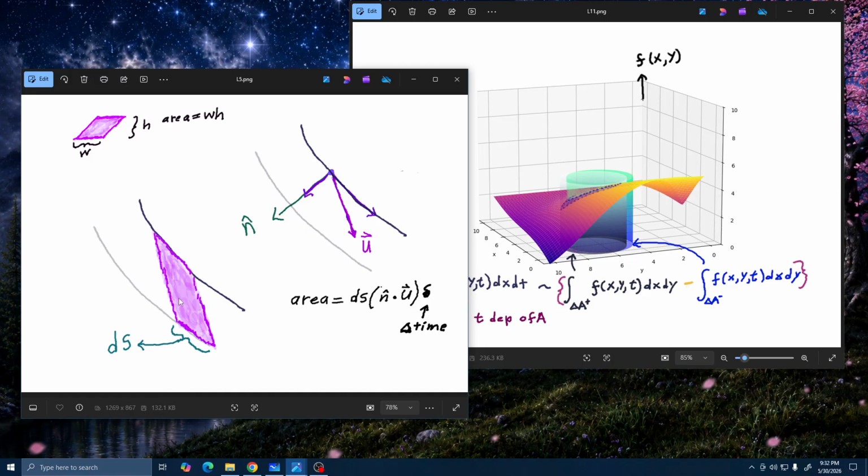And in order to do this, there's a fundamental theorem in geometry that says the area of a parallelogram equals the width times the height. So the area of this pink area equals the width, which is the ds, the interval along the curve, times the height, and the height is n hat dotted with u, the velocity vector, times delta t, the change in time.